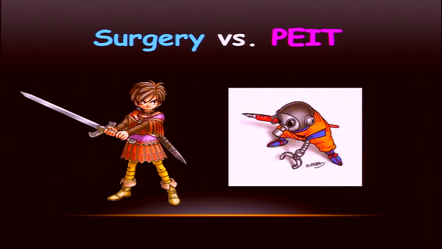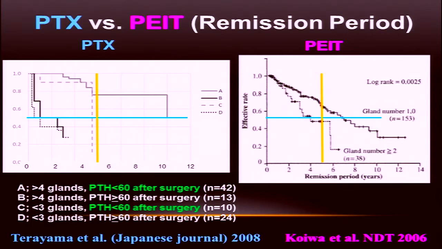How about surgery versus PEIT? There's no comparative study. So I cited 2 different journals with similar date, similar observation period, and similar number of patients. The blue line is 50% remission, and the yellow line is 5 years.